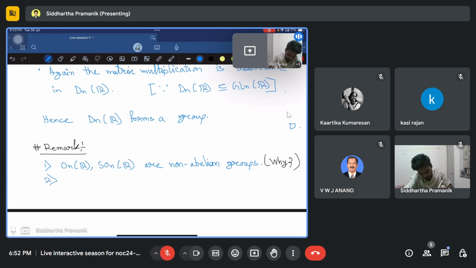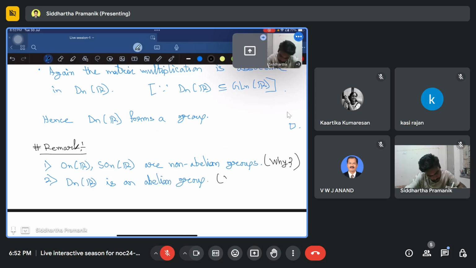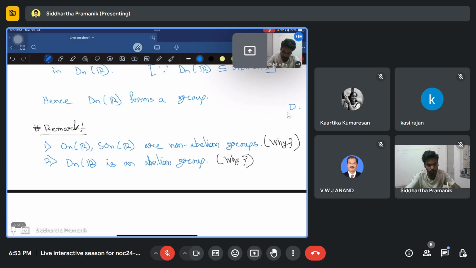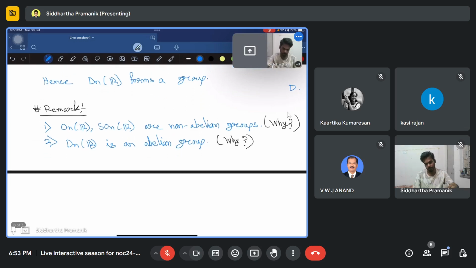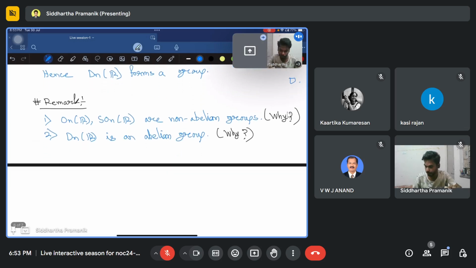And the second one is DNR is an abelian group. Also, I can put a Y so that you can check it on your own. So this will follow from the matrix theory. I hope it's okay.